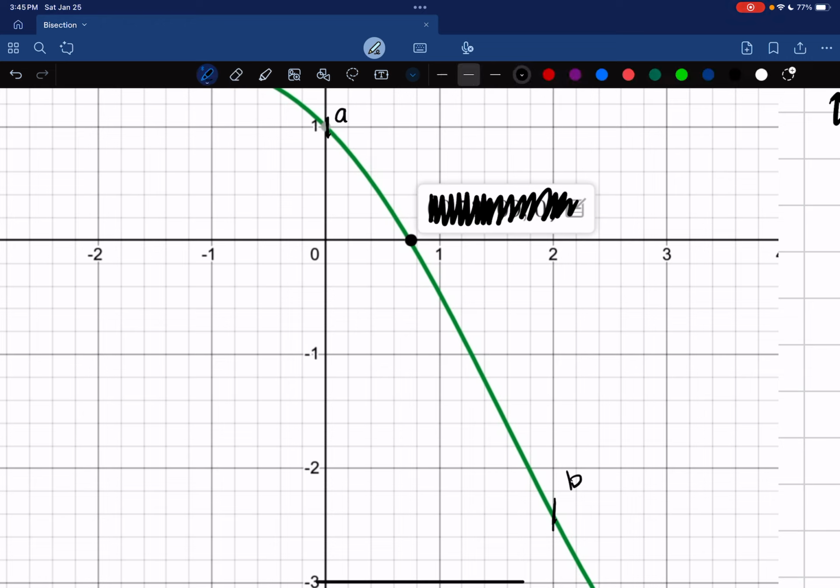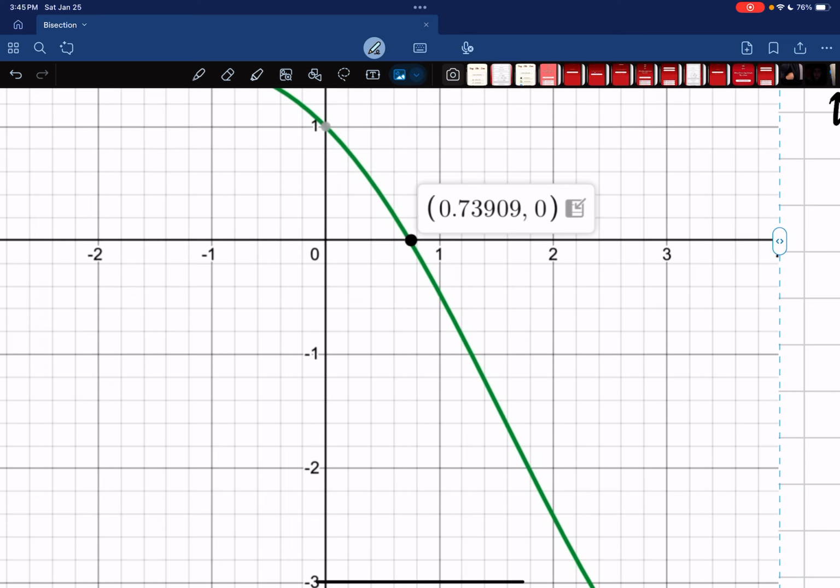Okay, so we know now the midpoint is at 1. So then I'll evaluate the function at 1. Let's say my c equals a plus b divided by 2, which equals 1. We just calculated that. I'm going to evaluate the function at c, and ask what's the value here?